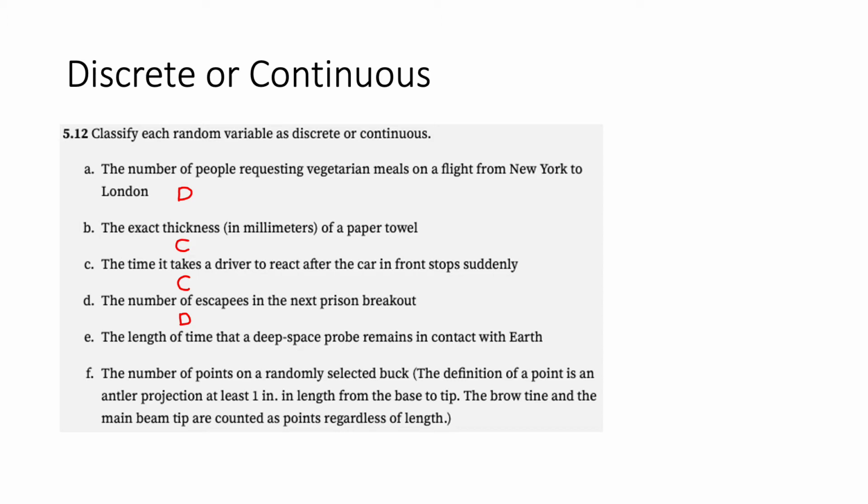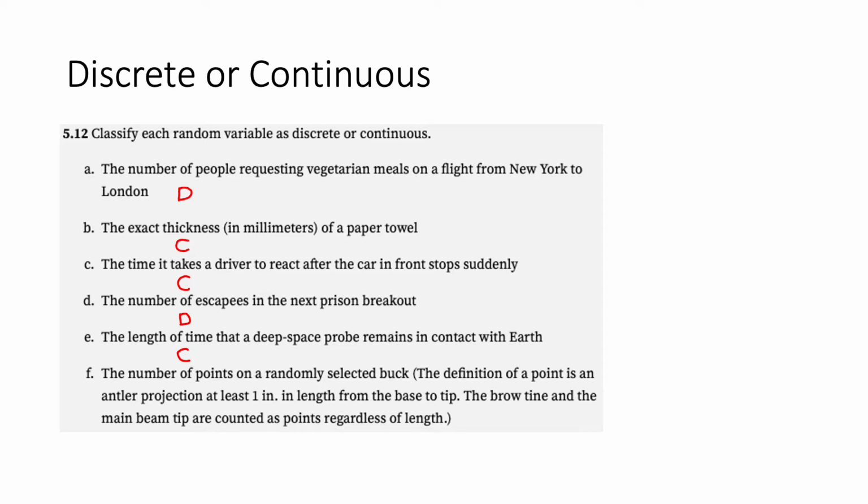E, the length of time that a deep space probe remains in contact with Earth. This is something that we would have to measure, and depending again on the instrument, we could probably get quite a few decimal places of precision. This is continuous. And F, the number of points on a randomly selected buck, where a point is an antler projection at least 1 inch in length from the base to tip. The brow tine and the main beam tip are counted as points regardless of length.